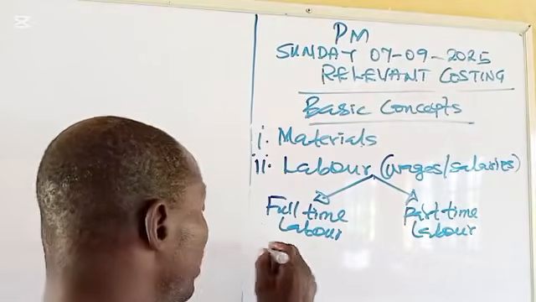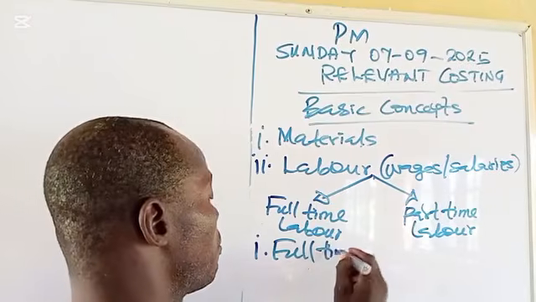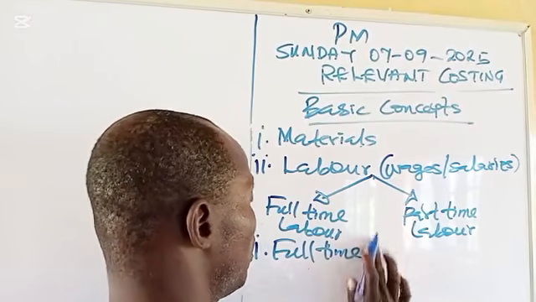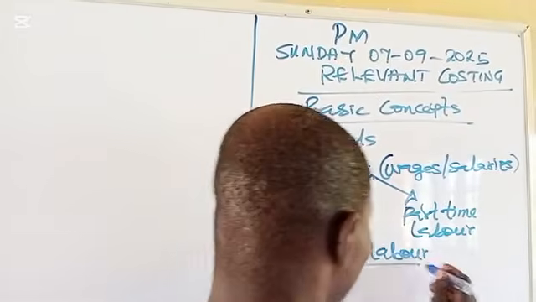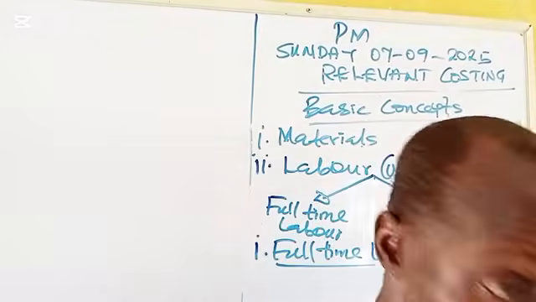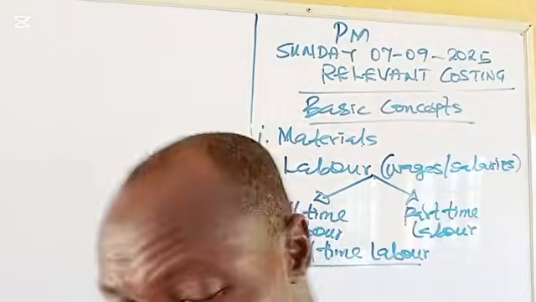So we are starting with the full-time labor. This class of labor, we refer to them as salaried workers. What they receive is what? Salary. So they work for salary.